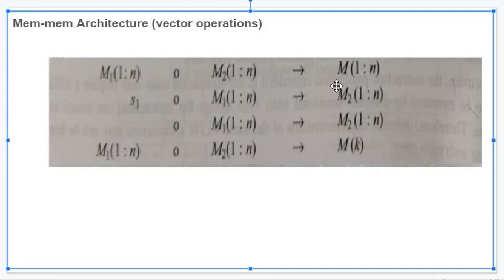The new answer is also memory related, and one participant is also memory. Hence we can expect this as memory architecture. Only memory is updated, for example deleted or created. Between two memories we have performed an operation and got an array of results, and that array of results is also finally in memory.